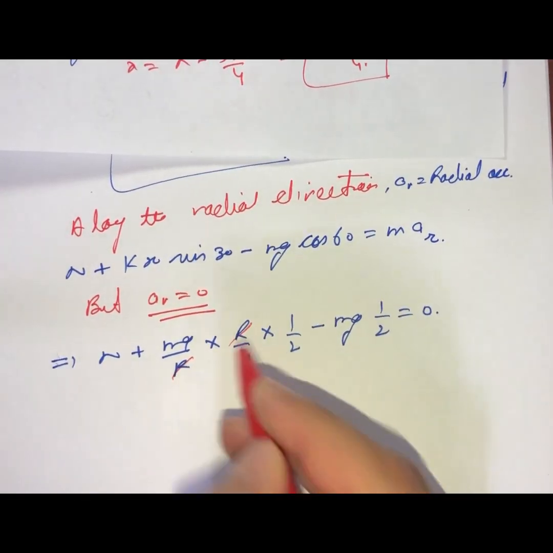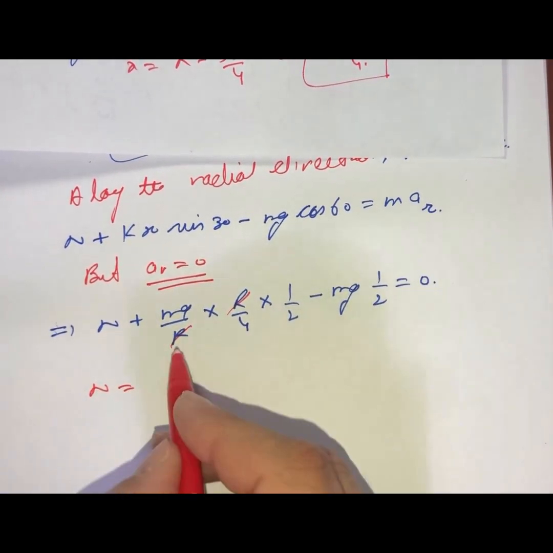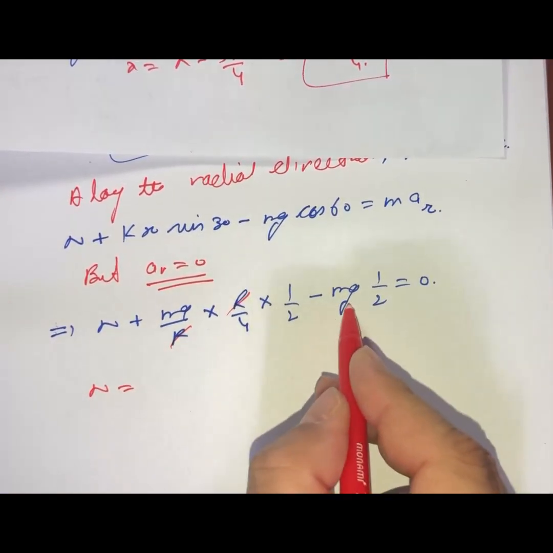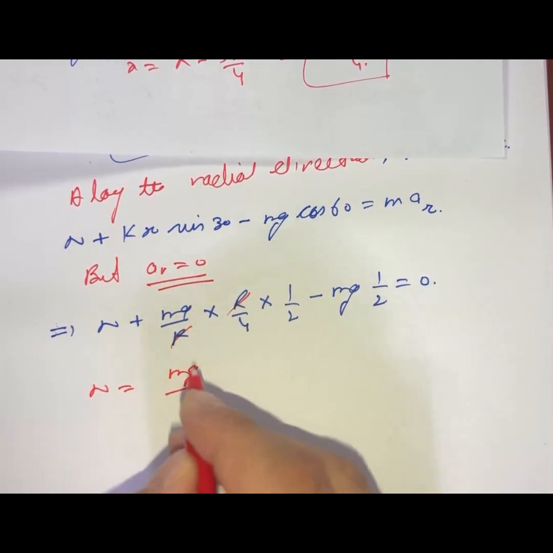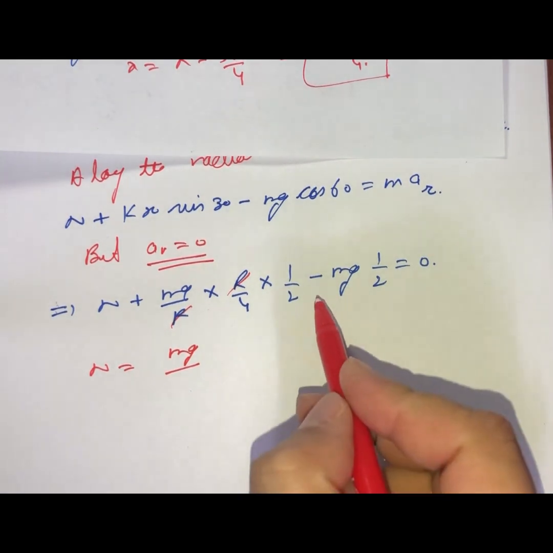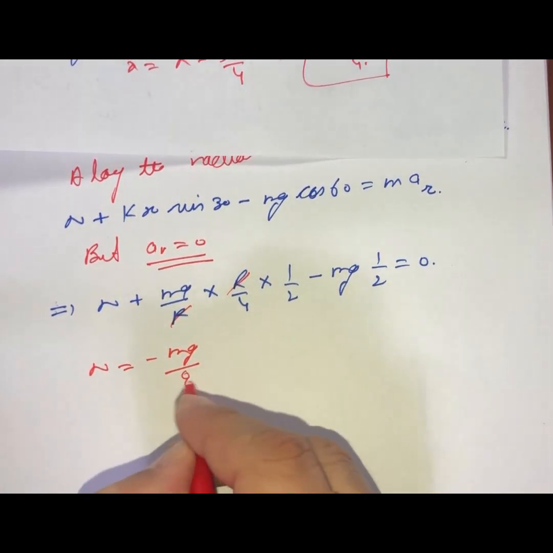So r goes with r, so we get N plus mg by 8 minus mg by 2 is equal to 0. So N is equal to mg by 2 minus mg by 8.